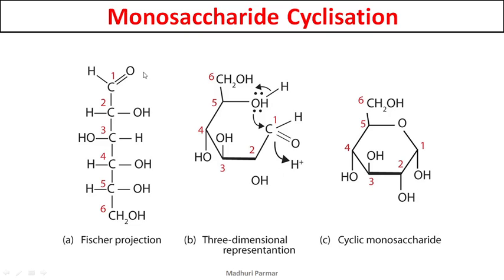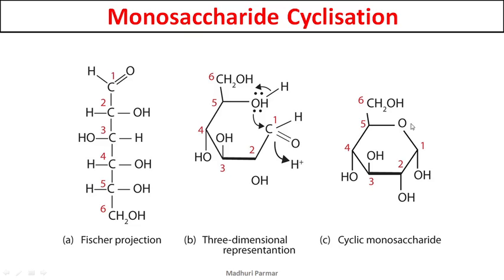So the first carbon, which is your functional group carbon, CHO, attacks the fifth carbon OH. Now what happens when aldehyde reacts with alcohol? You get acetal, right? So hemiacetal carbon. So this is what you're getting. When the first carbon reacts with the fifth carbon, this is what happens.